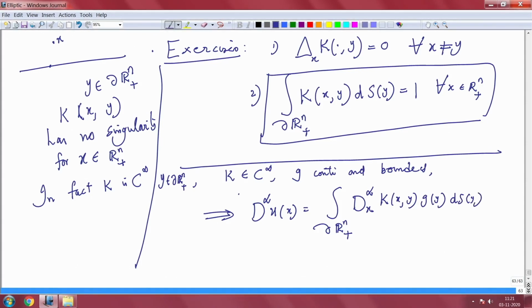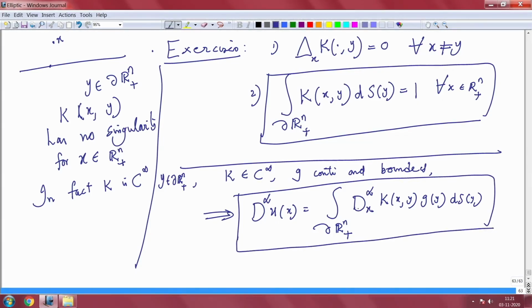There is no problem in taking the derivative inside the integral, with all this smoothness and boundedness. In particular, the Laplacian of u is equal to 0 in R^n plus.